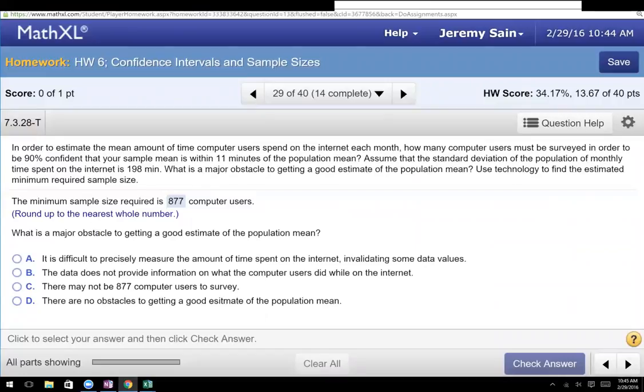What's the major obstacle to getting a good estimate? Yeah, there might not be 877 people to survey. It would also be kind of hard to predict exactly how much time is spent on the internet.